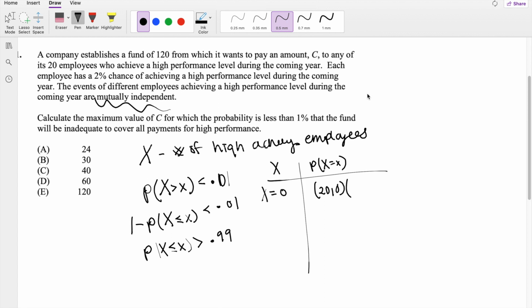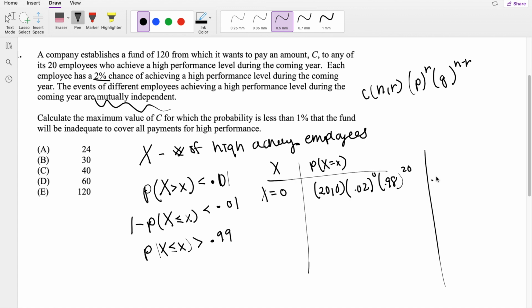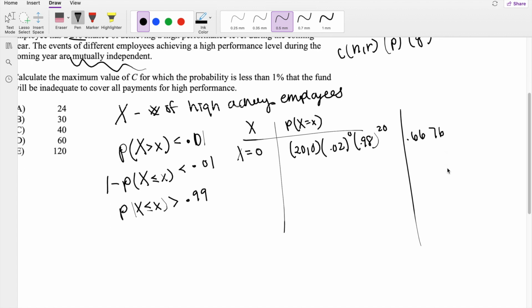A little reminder of the formula: n choose r is equal to the probability to the r times the complement to the n minus r. So the probability is 0.02 to the 0 times 0.98 to the 20th, which is equal to 0.6676, which is definitely not greater than 0.99.